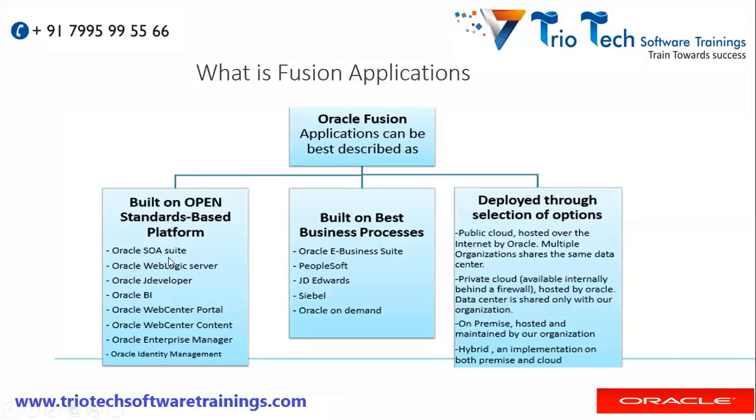Talking about Oracle SOA Suite, it means service oriented architecture, a platform where you are provided with an infrastructure to define your own application. Similarly, Oracle JDeveloper gives you flexibility to develop and code out your own application.